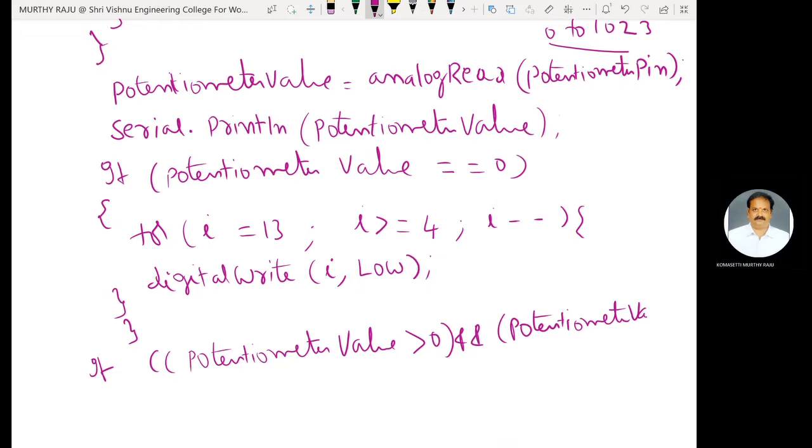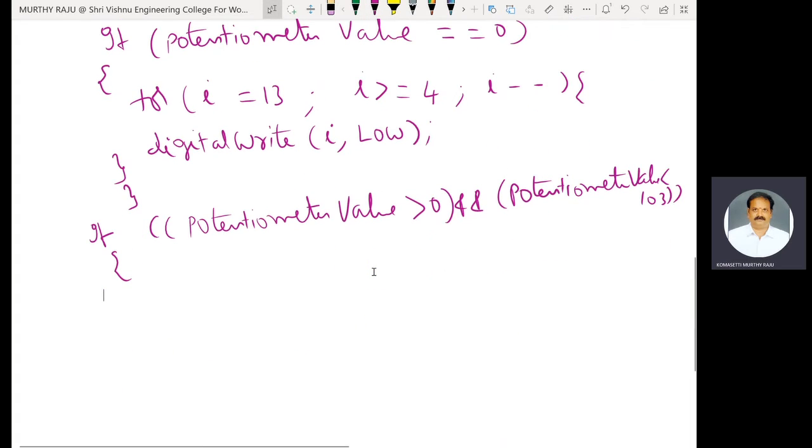Potentiometer value less than 103, two brackets here. In that case, out of the 13 to 4 digital pins for the LEDs, the 13th pin is assigned to the first LED, the 12th pin is assigned to the second LED, and so on.